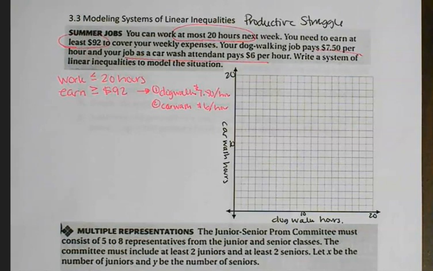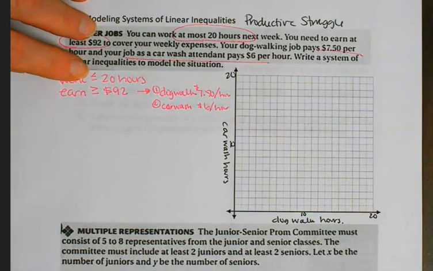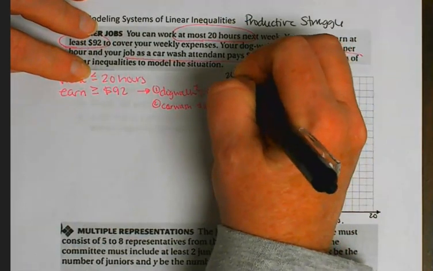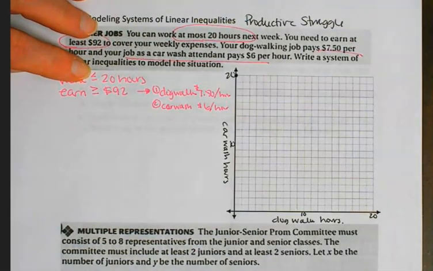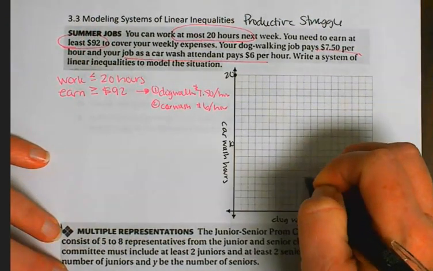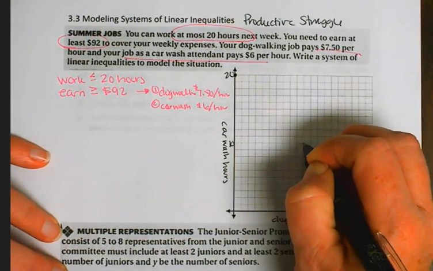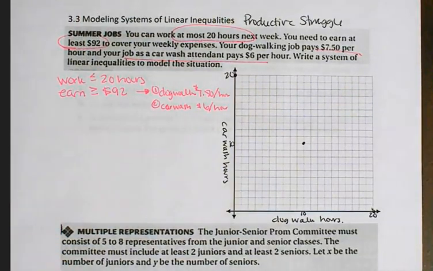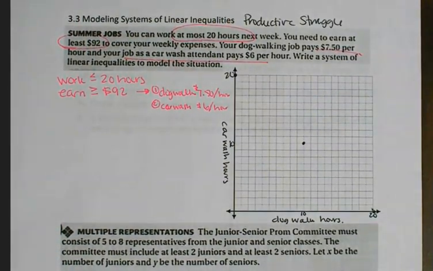So for example, when students were working these together the other day, they might have said, okay, well, if I have to work less than or equal to 20 hours, I could just work 20 hours at the car wash. I could work 20 dog walking hours. I could work 10 here and 10 there. I could work anything in between that in order to get the number of hours I need.